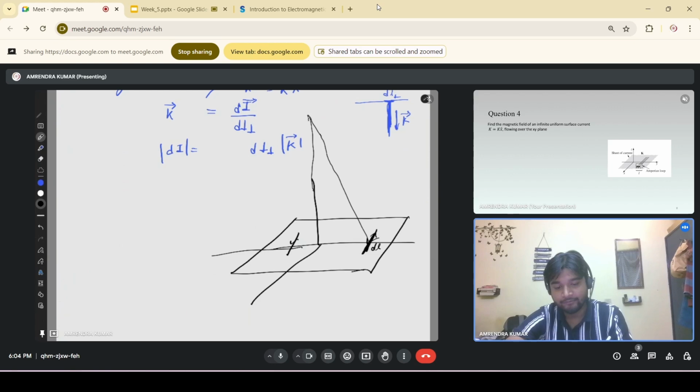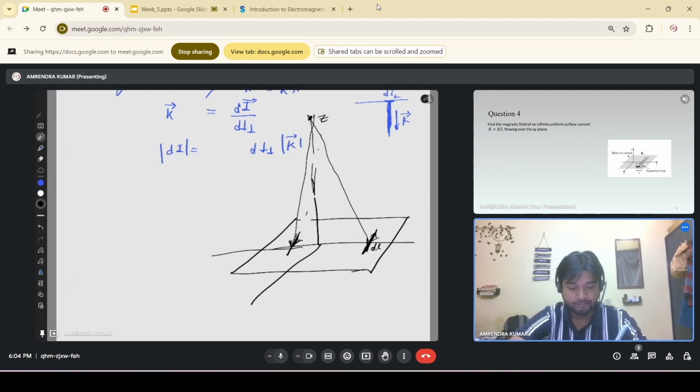Once you start to calculate this field at some point z here, what you will find is that there is an equal and opposite contribution, because this is in this direction and this is also in the same direction.